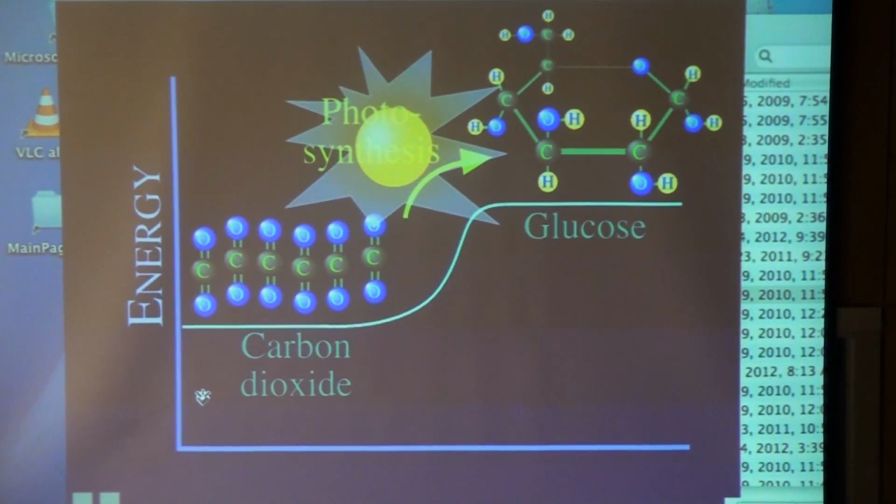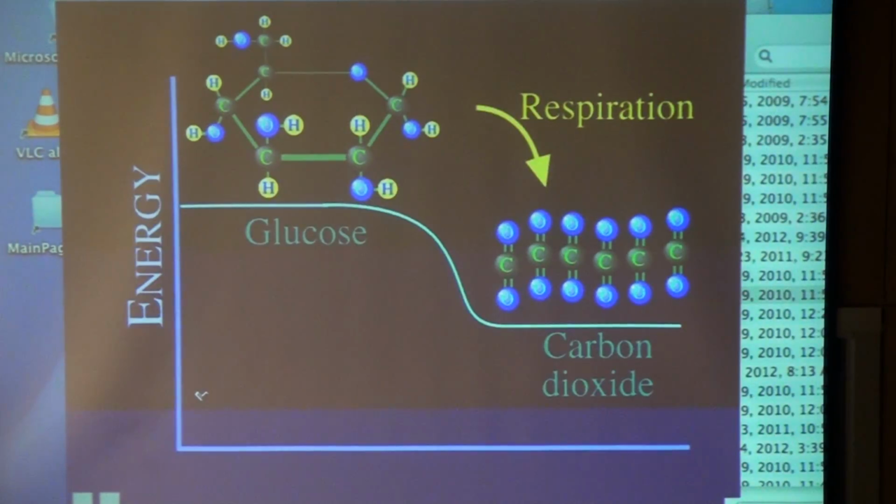Now, eventually, the plant wants to use the energy that it's stored up in the glucose molecule, and then we have to think about this kind of reaction where the plant is going to take that glucose and oxidize those carbons all the way back down into carbon dioxides. So that's now going to be a spontaneous reaction, and as those carbons lose potential energy, as they go downhill, the plant is able to tap into that energy typically to recharge its ATP supply.